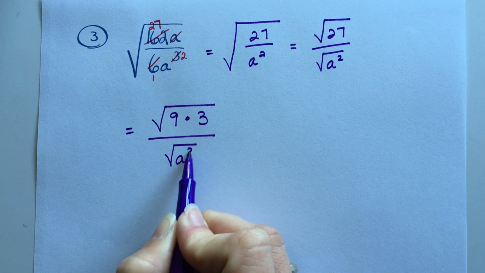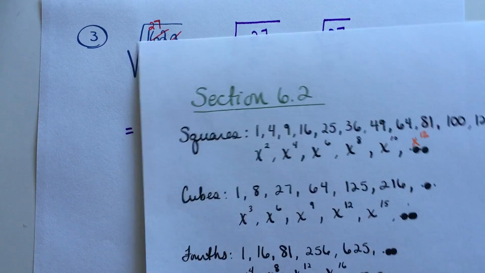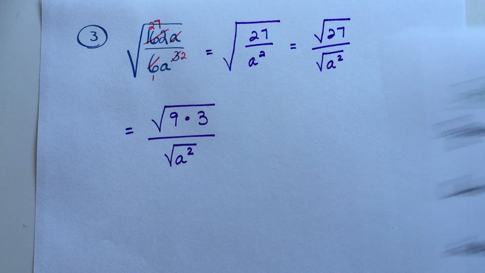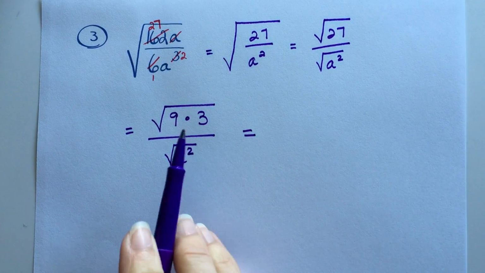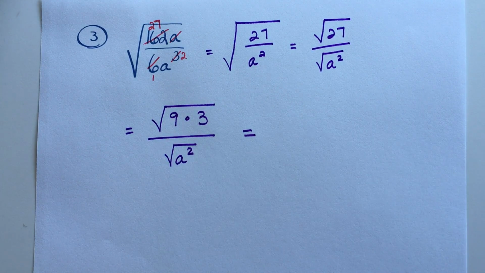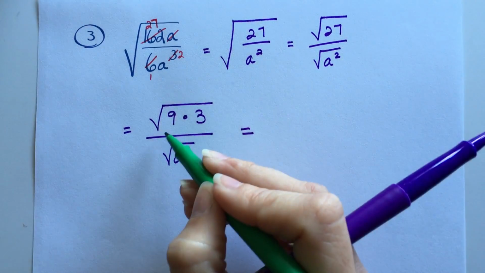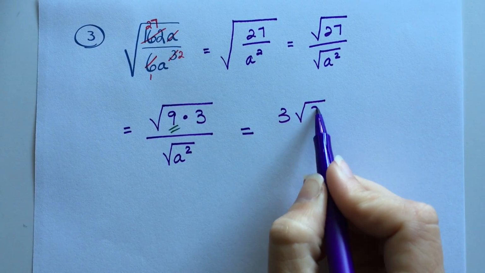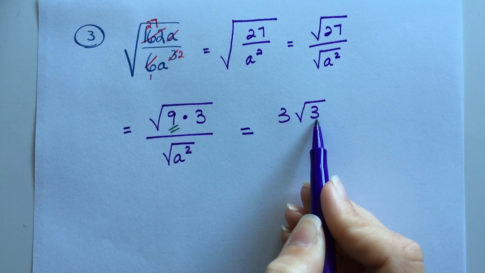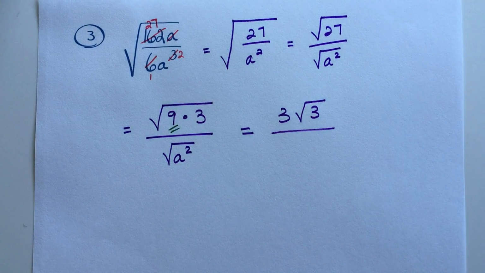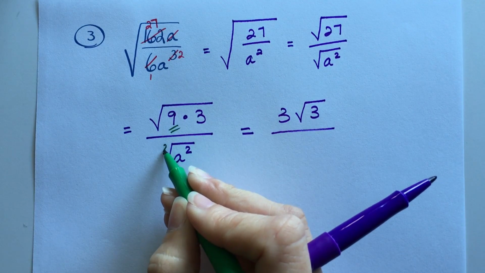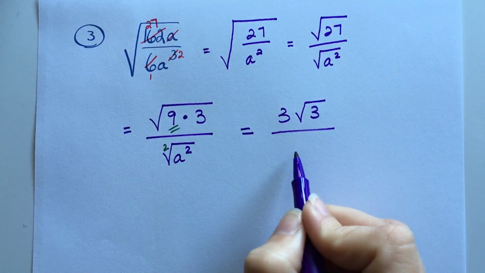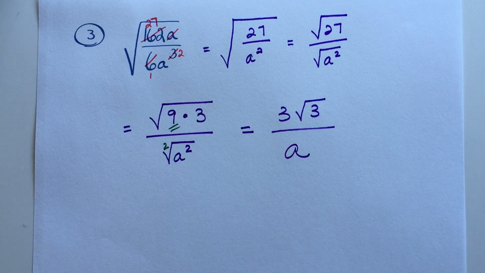Now, you're not going to do anything with a to the second, because if you look at your perfect squares, see, a second power is already perfect. So the square root of 9, see, that's perfect. That's your perfect square. So square root of 9 is going to give me 3. And this 3 is just going to be left underneath. And again, since this is a square root, you've got an understood 2 right there. So 2 will go into 2 one time, which means on the bottom you just have a to the first power.